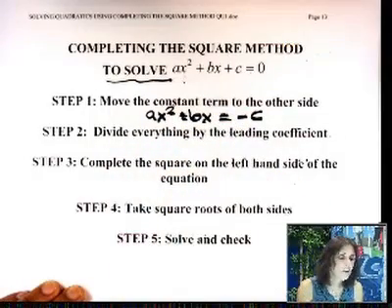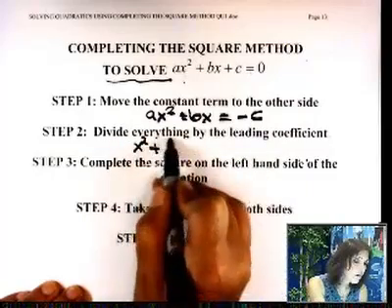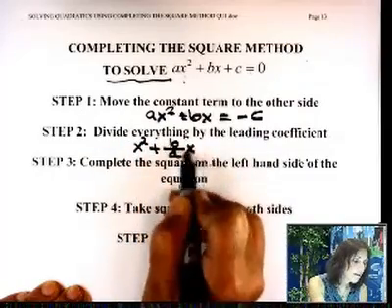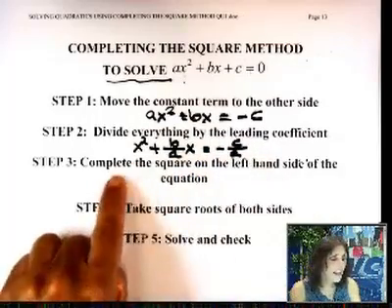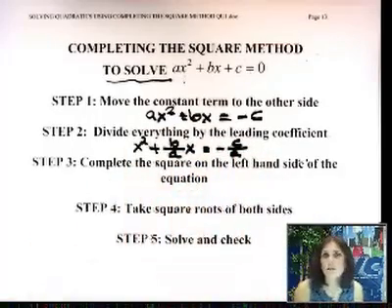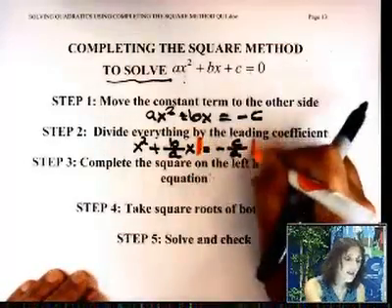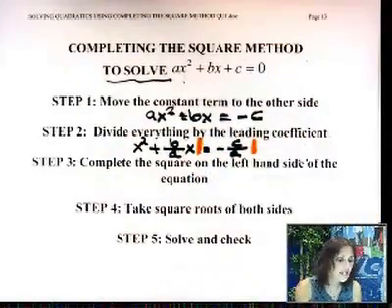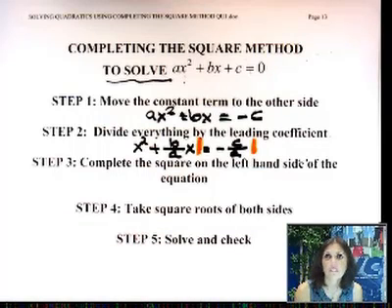Divide everything by the leading coefficient. And then on this, you're going to complete the square. In other words, you're going to add this missing piece here and the same piece on the other side. Then proceed by taking the square root of both sides.